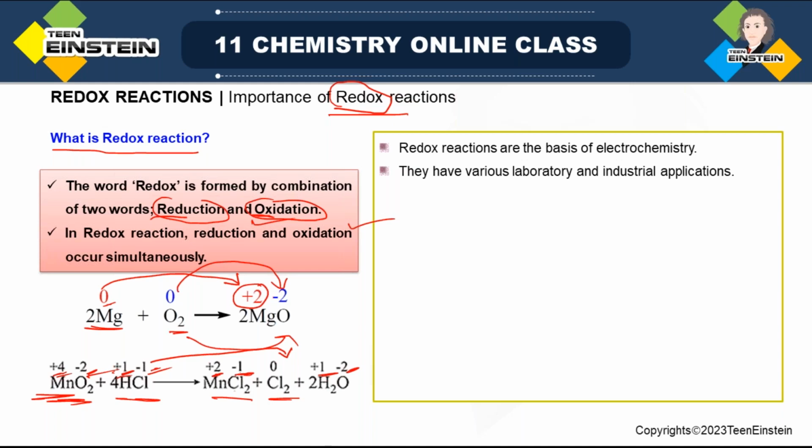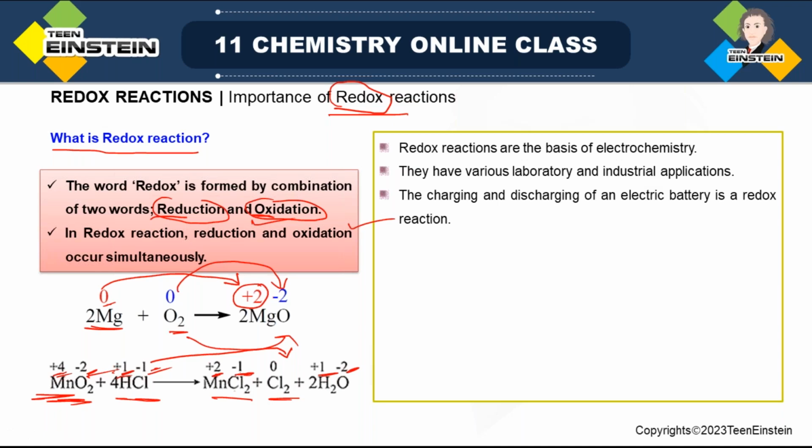Industrial application means if there is some large scale preparation or manufacturing of any particular compound, then also redox reactions have some applications. The charging and discharging of an electric battery is also a redox reaction that we see in day-to-day life. And the third statement that you are seeing is also related to the electrochemistry chapter.